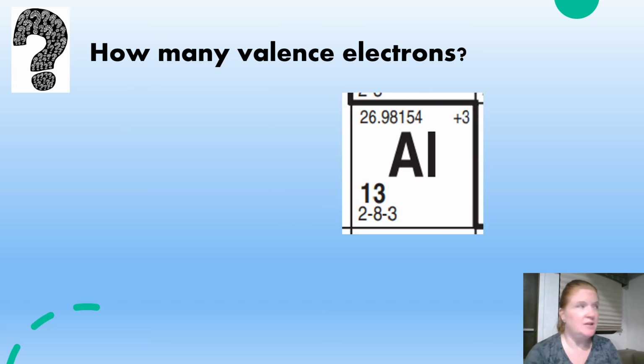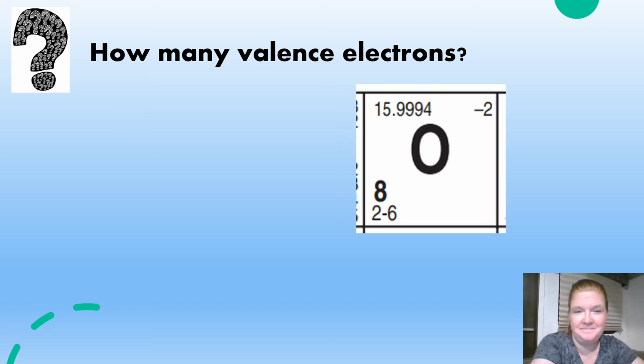How many valence electrons in aluminum? 3. The last number. How many valence electrons are in an atom of oxygen? 6. The last number.